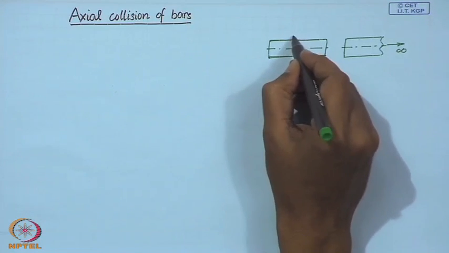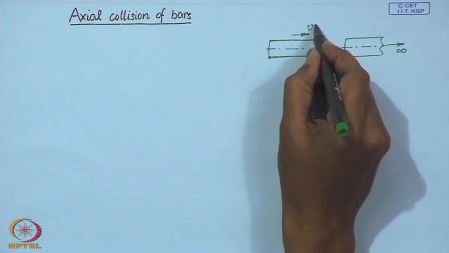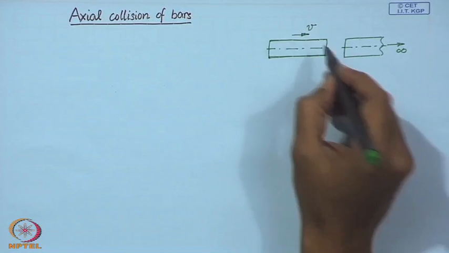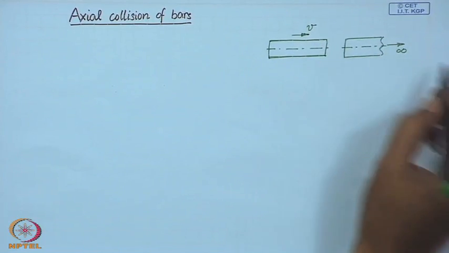This one is moving with an initial speed, let us say v, towards this stationary semi infinite bar.